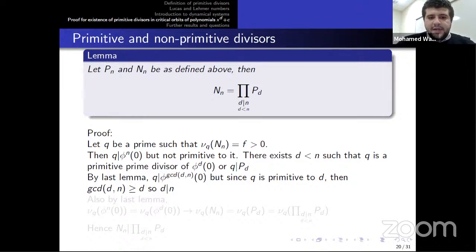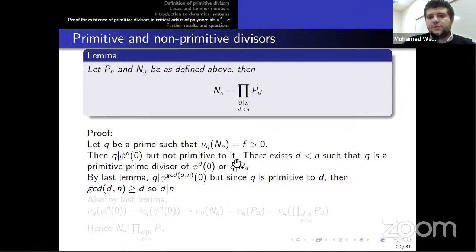So let q be a prime such that the valuation of q in N_n is equal to f, which is greater than 0. So any prime dividing N_n. If it divides N_n, then it divides phi n of 0. And since it's non-primitive, then there is some index d where q was primitive to d.